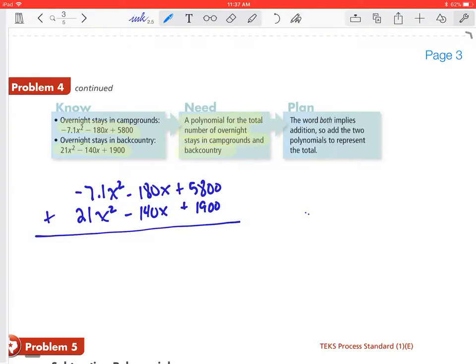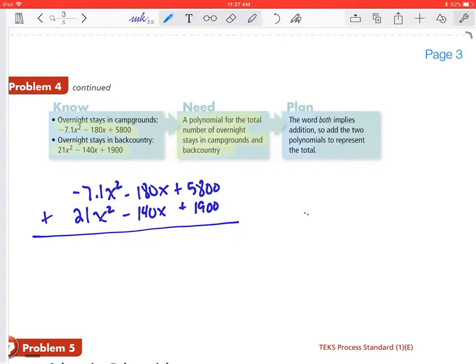Just like we're adding 2 plus 2 or 24 plus 24. Notice one thing I want you to pay attention to: I'm combining like terms. My constants, the monomials that have a degree of 0, are on top of each other. So 5,800 plus 1,900 gives me a total of 7,700, and it's positive, so I'm adding. Then we have the monomials of degree 1.